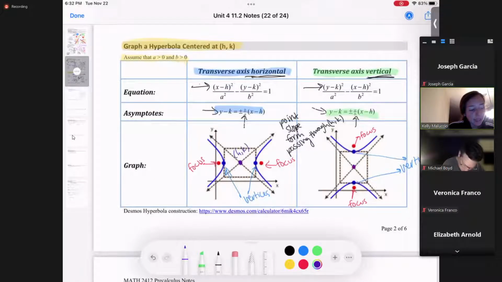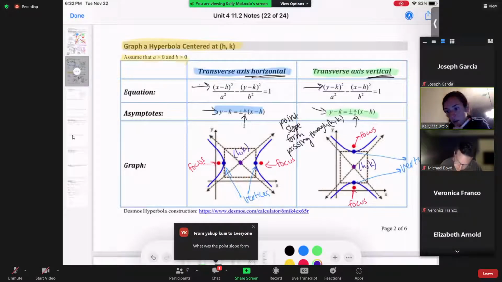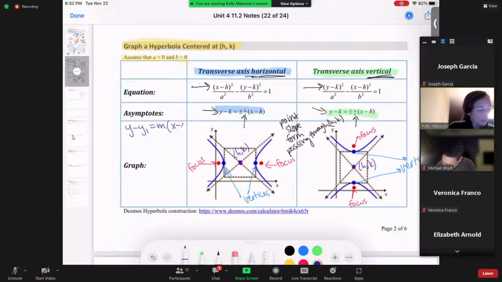So instead of being centered at 0, 0, like the box, the origin, it's now centered at HK. What was the point slope form? If you don't remember, point slope form is Y minus Y1 equals M times X minus X1, where M is the slope and X1, Y1 is a point on that line.